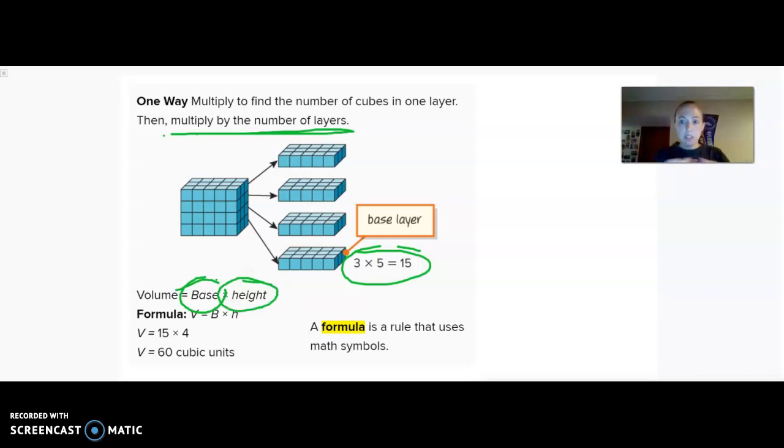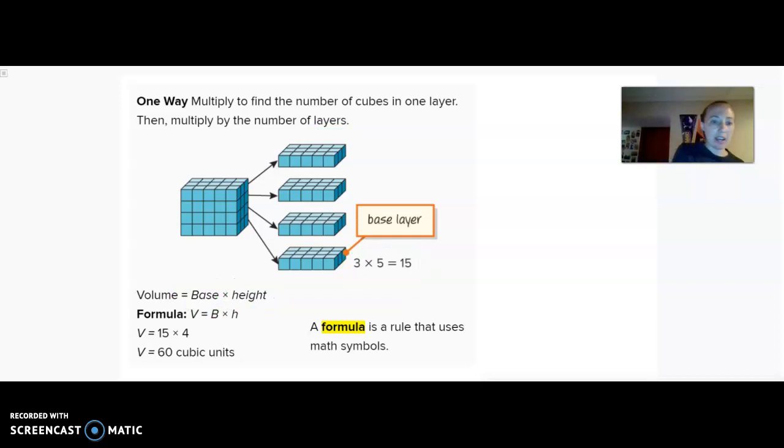Volume equals the base times the height. How many cubes are in that base times how many cubes tall it is. So essentially what we were doing in the last lesson, just a rule for it. Instead of saying it all in words, now we have it in math terms. Volume equals base times height, or V equals B times H. Okay?